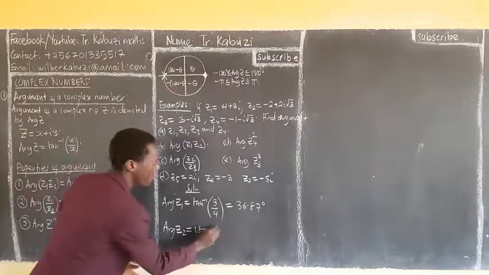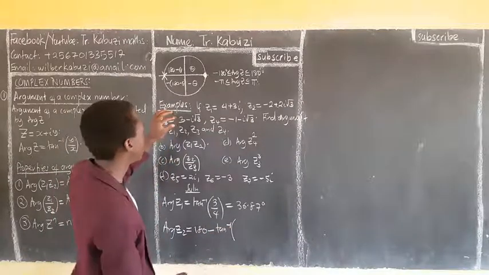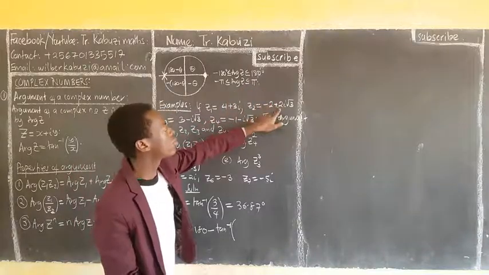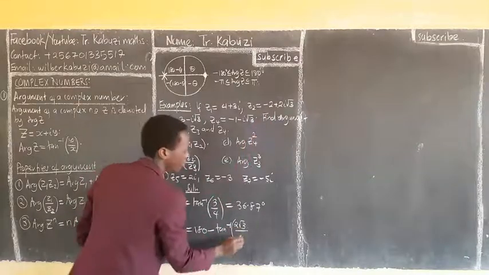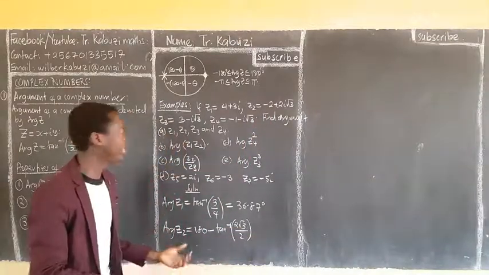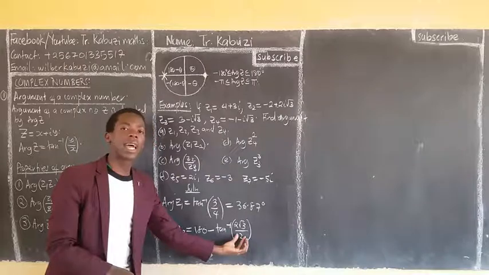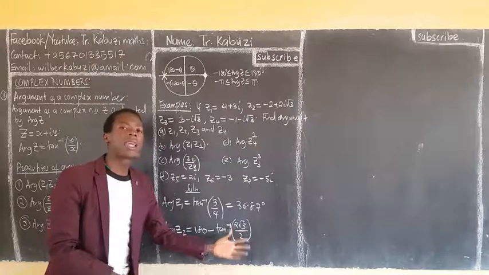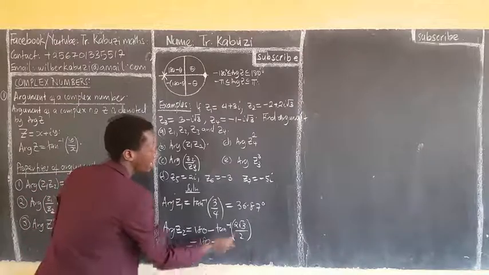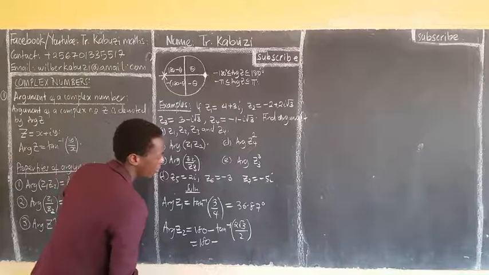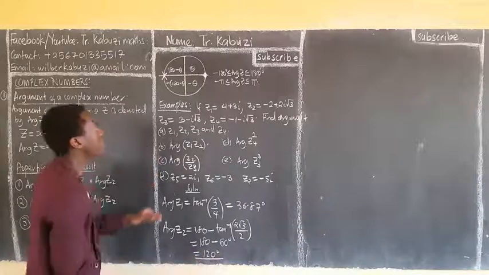So I'll use tan inverse of the imaginary, which is 2 root 3, over the real, which is 2. Signs help us identify the quadrant; after identifying it, you get the true angle when the real and imaginary parts are positive. So this will be 180 minus tan inverse of root 3. You get 60 degrees, which gives 120 degrees.